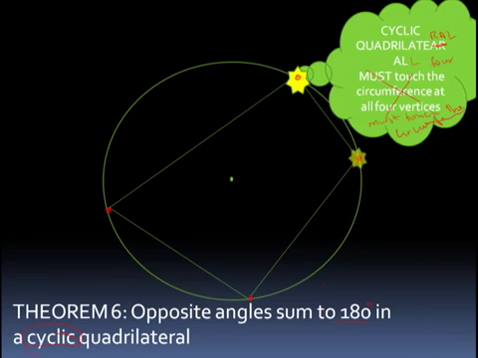So that vertex and that vertex, that vertex and that vertex touching the circumference. And if this angle here is 91 degrees, what is this angle up here? It says opposite angles. So opposite meaning the angles are not sharing any of the same lines or legs.